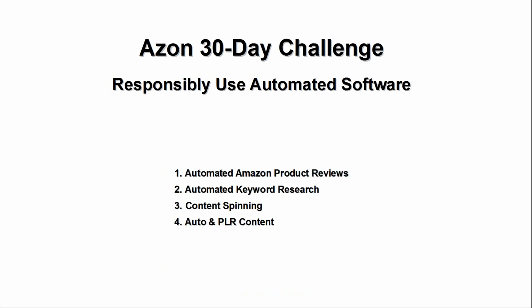The main problem, though, that automated software runs into is finding that comfort zone between something that's easy to use for you as the affiliate that is operating that software and something that simply makes sense and is useful for your website visitors.